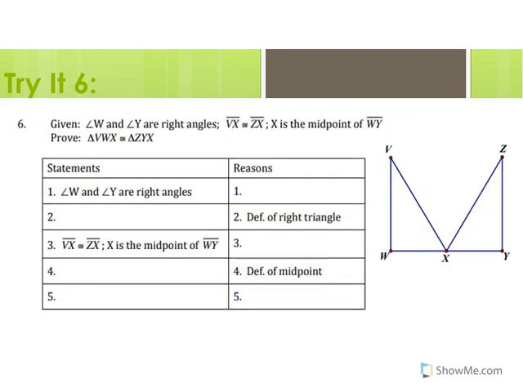Okay, number 6. Given that angle W and angle Y are right angles, so we mark angle W and angle Y as right angles, and segment VX is congruent to segment ZX, and these two are congruent. This is a right angle, so this happens to be the hypotenuse, and X is the midpoint.